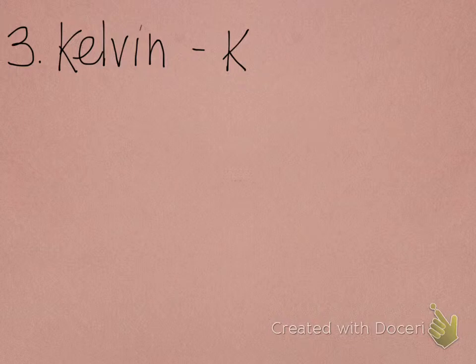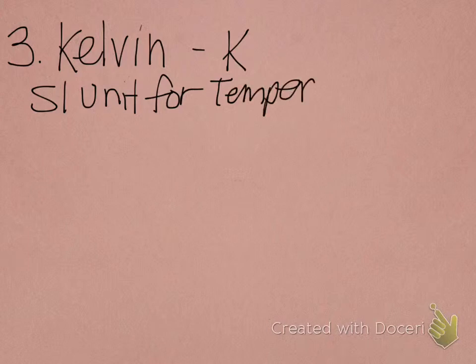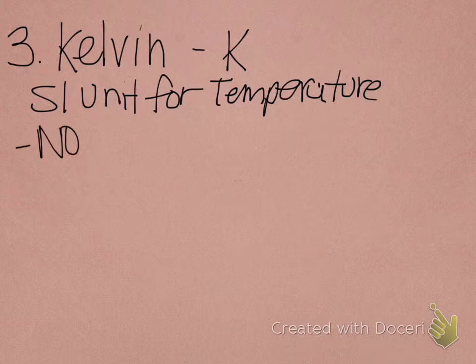So our last one is Kelvin, and if you remember back to the first part of this unit with metric conversions, this is our SI unit for temperature. So this is what we want to report our temperature in. So the Kelvin scale is an absolute scale, meaning that there are no negative values.